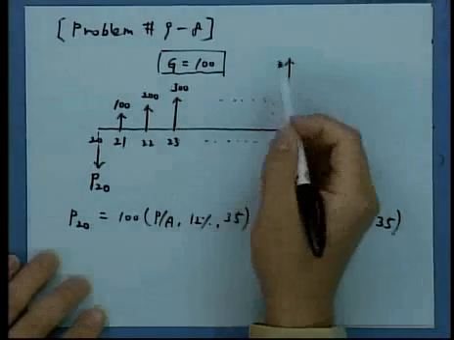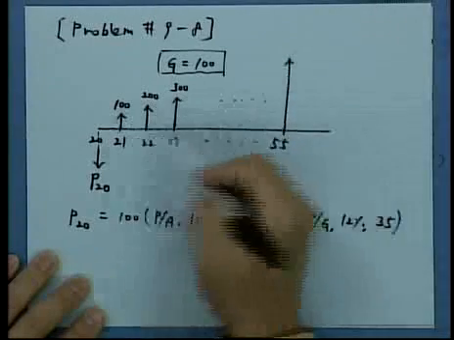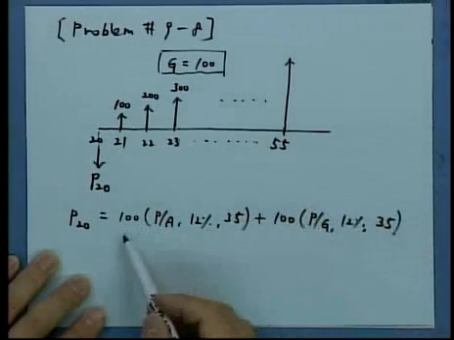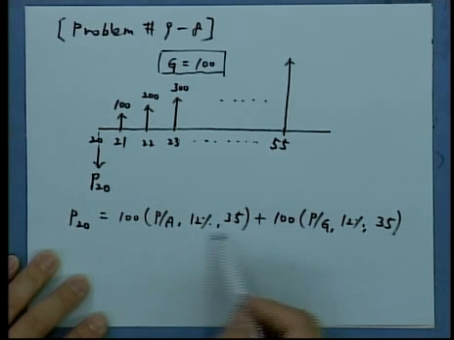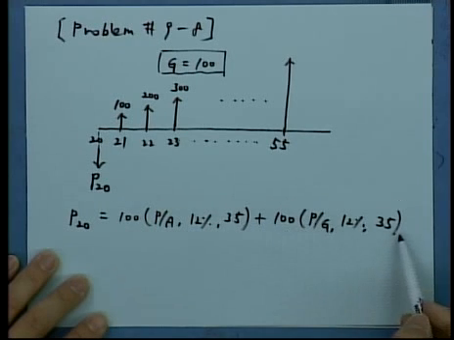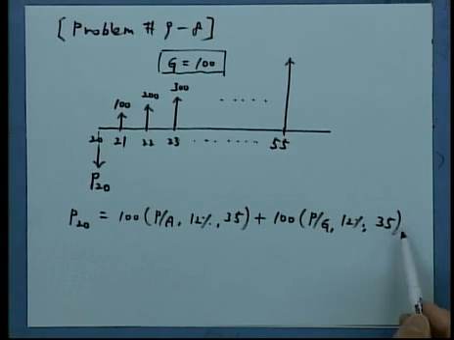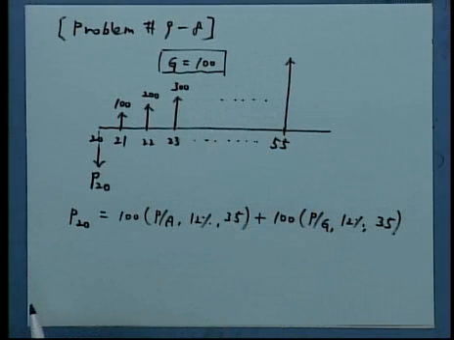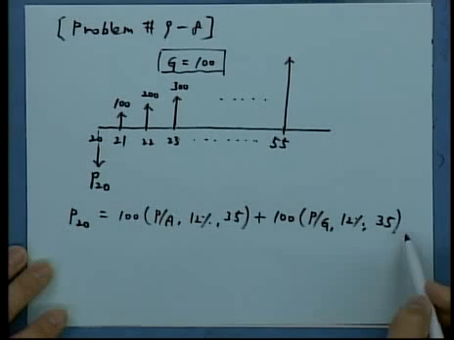Because here the positive cash flow can be broken into two components, one for a uniform annual series of $100 and another for an arithmetic gradient series with G equals $100. So that's why we have this, okay?